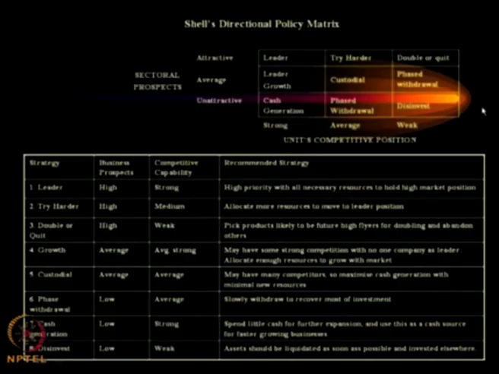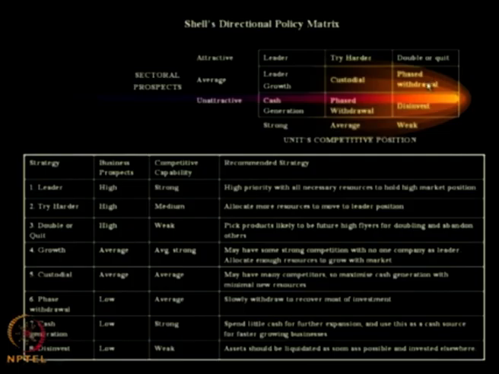Now, suppose the unit's competitive position is weak, sectoral prospects again average, what should you do? The strategy advocated is phased withdrawal. What does this phased withdrawal mean? Slowly withdraw to recover most of the investment.